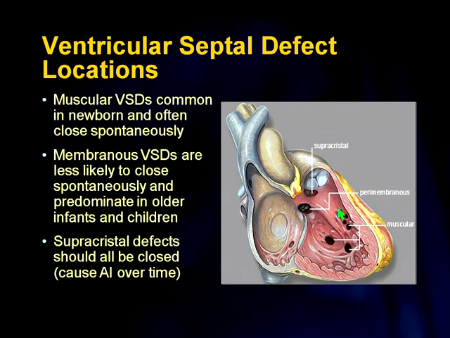Here's a nicer picture of the different types of ventricular septal defects that we encounter. Okay? These are the little muscular VSDs. Okay? Here is a membranous ventricular septal defect right under the aortic valve. Okay? And then there is a defect that sometimes occurs under both the aortic and the pulmonary valve, the so-called supracrystal defect.